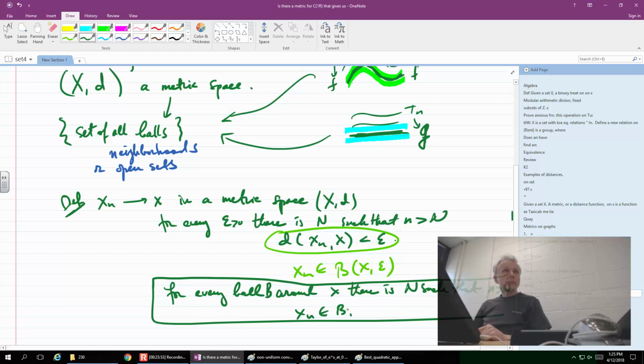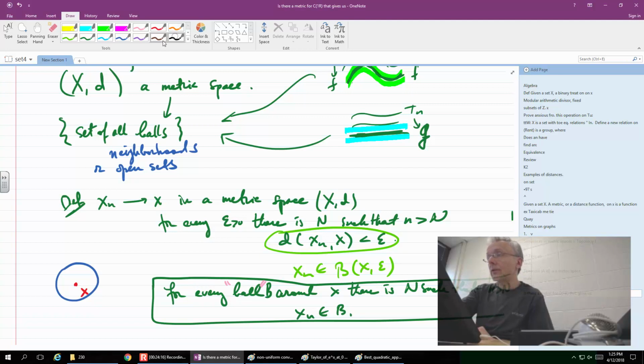So then if you think about it, at that point the idea of the ball really becomes not that important, and we have seen different kinds that do not look like anything like a disc or a ball or a sphere. Even though we would illustrate it in this manner, this is my x over here, and this is my sequence x_n.